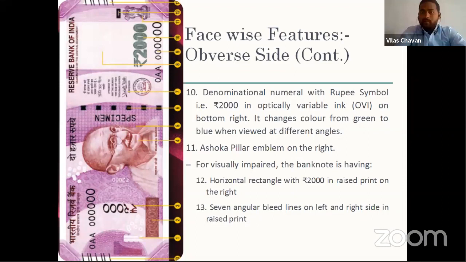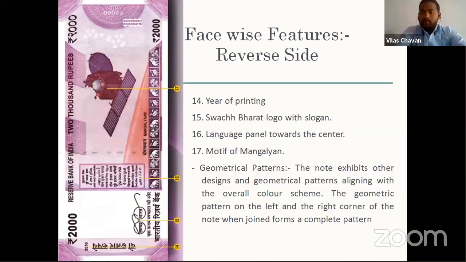So you can see printing at left top, then the Swachh Bharat logo with slogan, then the language panel towards the center, and here the language panel contains 15 different languages. Then come some geometry.